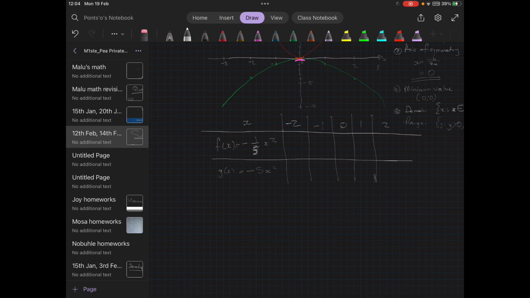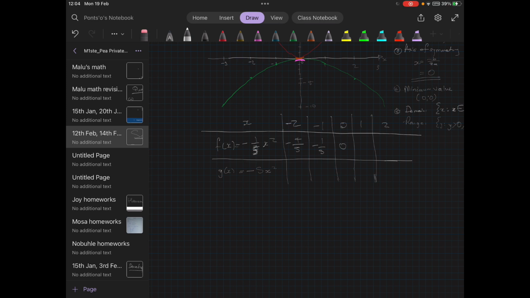Okay, now let's substitute. At x is negative 2, we get 4 times negative 1 over 5. It's negative 4 over 5, correct? Yes. And the second one is negative 1 squared is positive 1 times negative a fifth is negative 1 over 5.